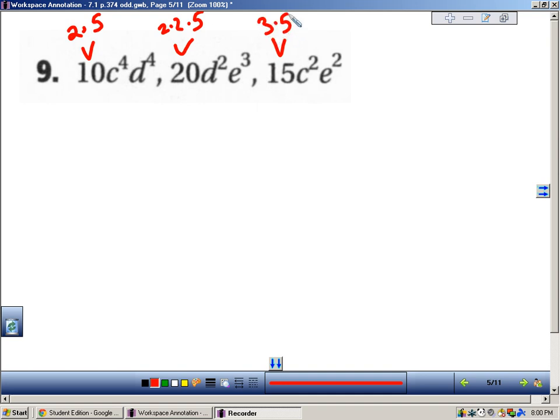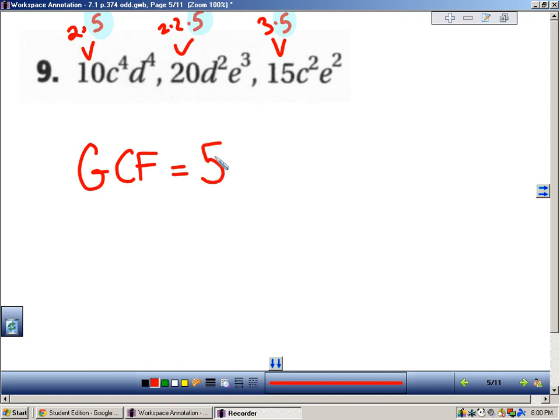Okay? So what do each of these have in common? 5. So the coefficient common factor is 5 so far, because it's found in all 3 of the monomials. So I know I have 5.